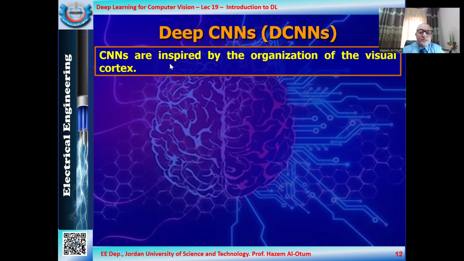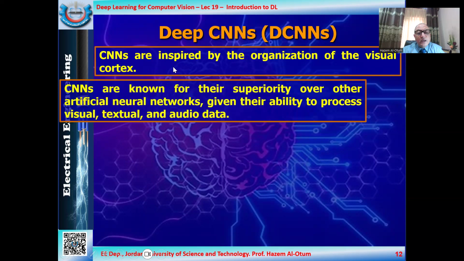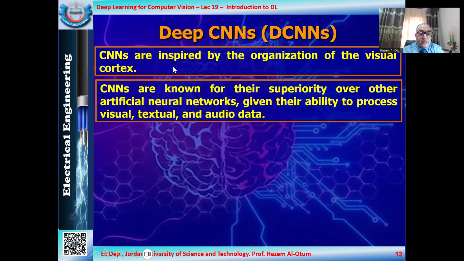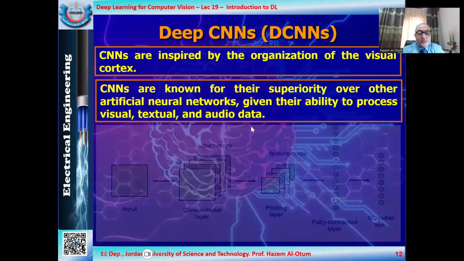Similarly, we try to repeat this by using CNNs. CNN in general is known for its superiority over other ANNs because it has an ability to process visual, textual, and audio data directly from the inputs without the need for transformation, dimensionality reduction, or other approaches. This is one of the advantages of using CNNs.